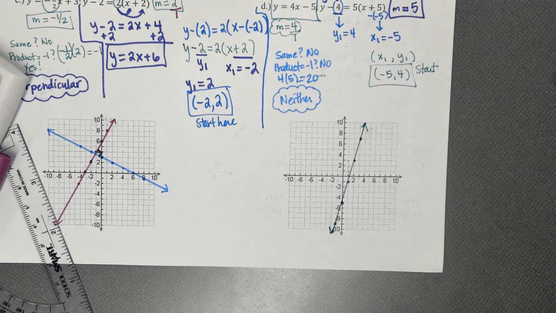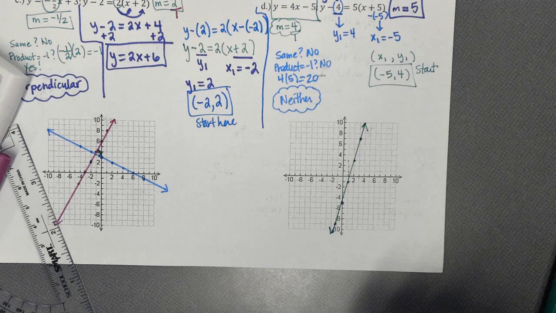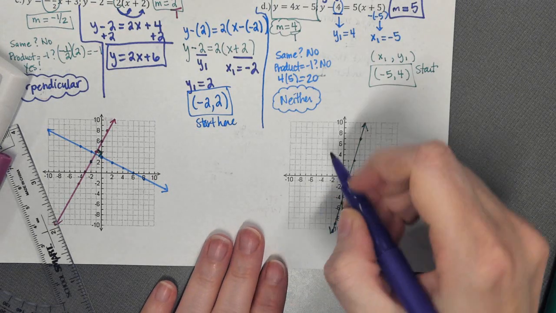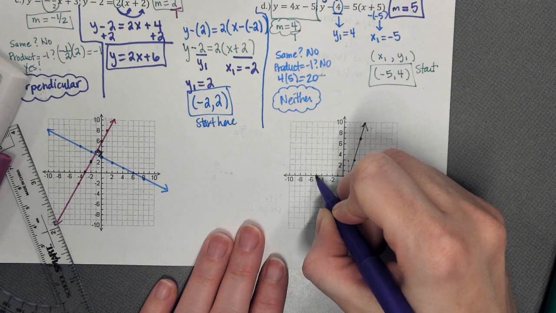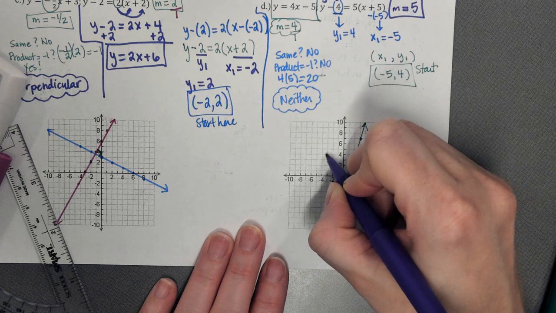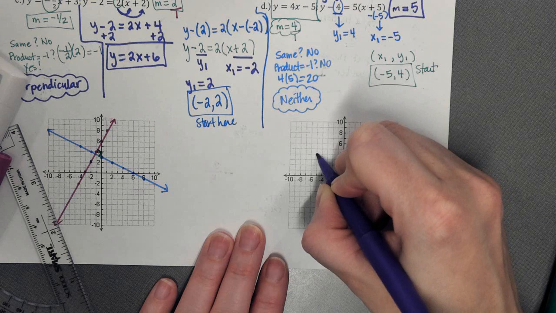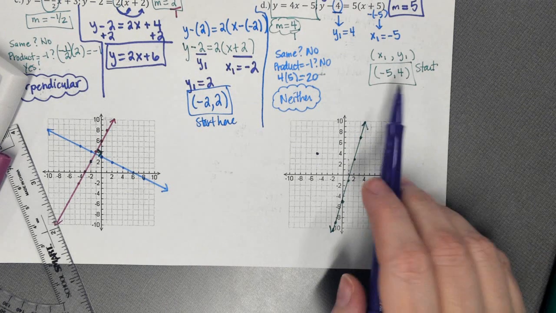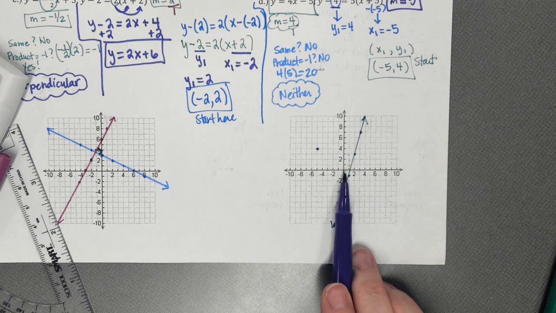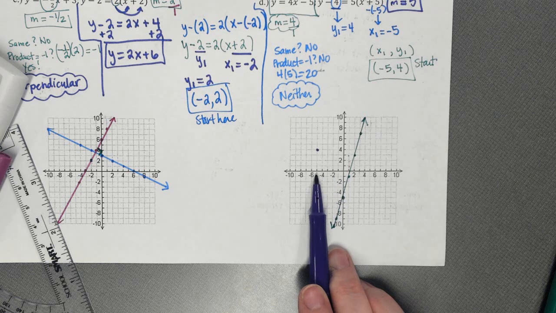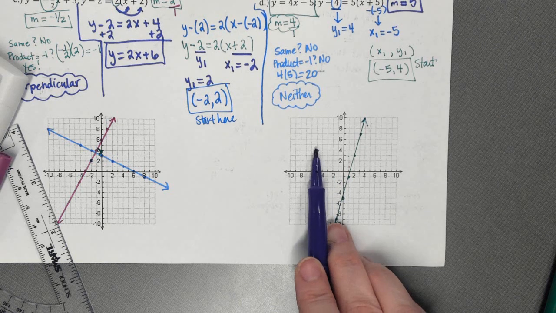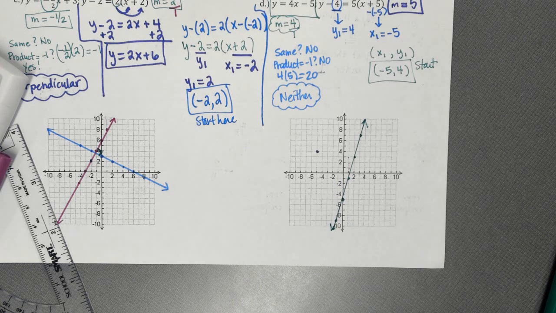Okay, so can you guys plot that point, -5, 4, and then we're going to use our slope. Okay, so this is your x value, so you should be counting -5 on the x, and then up 4 for the y. That's where you're going to start.